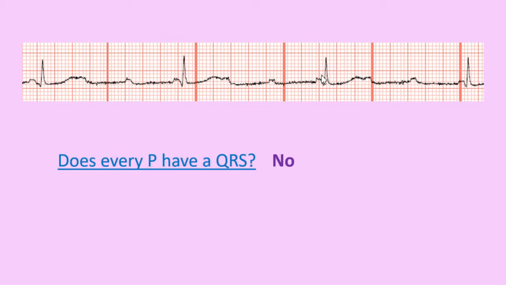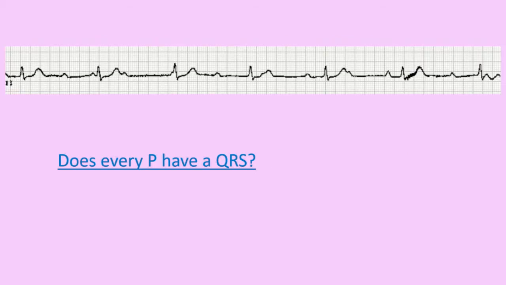And the QRS complex is still tied pretty closely to the P wave that comes before it. So this is an example of a Mobitz type 2 second-degree heart block. These can vary depending on how many P waves you have for each QRS complex. So you could have a 2-to-1 or a 3-to-1, for example.